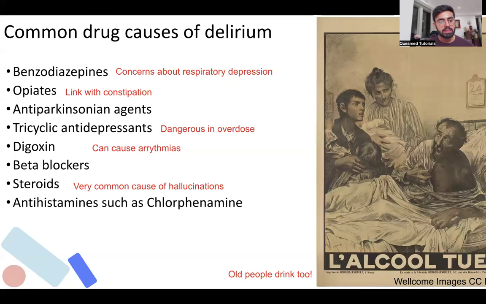Drugs used in Parkinson's and tricyclics in particular. These can be very dangerous in overdose. Tricyclics in particular, so things like amitriptyline, can cause a variety of rhythm disturbances, arrhythmias, which can potentially be fatal. Same is true for digoxin as well. Beta blockers are there because they're quite commonly taken by lots of patients on medication.